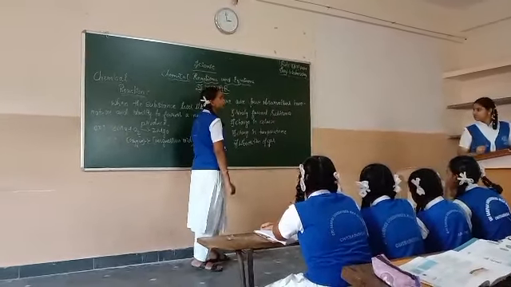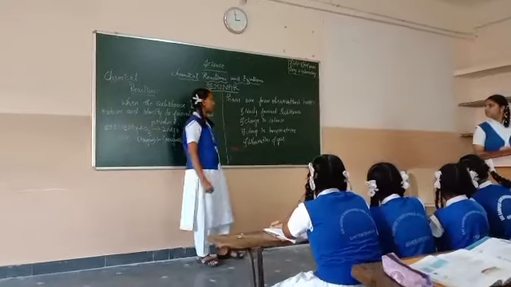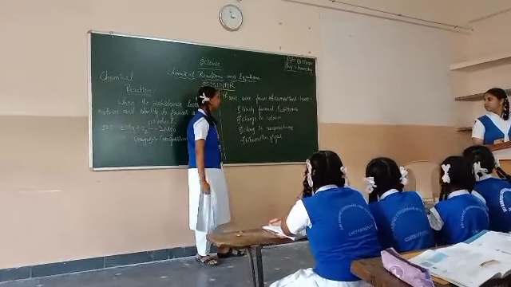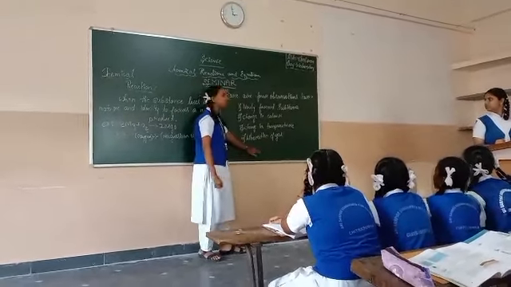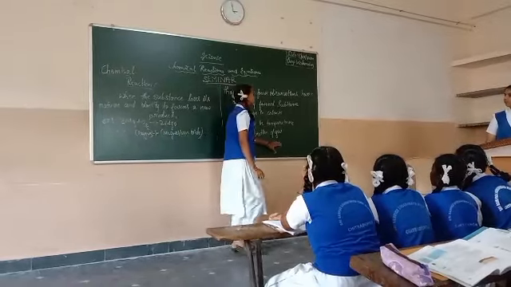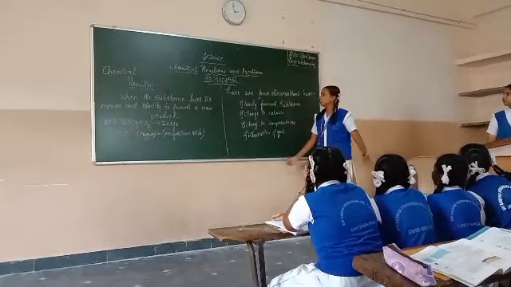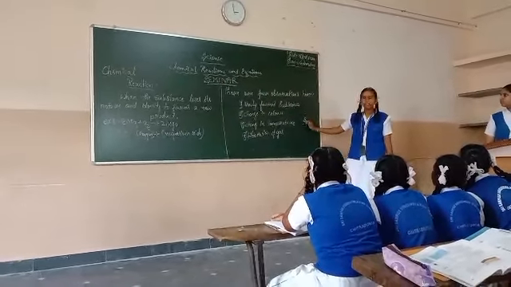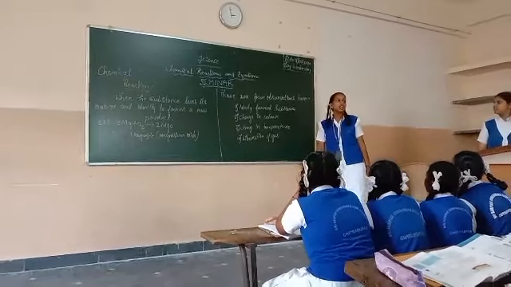First one is newly formed substance. Second one is change in color. Third is change in temperature, and the last one is liberation of gas. From these observations we can identify that a chemical reaction has taken place.